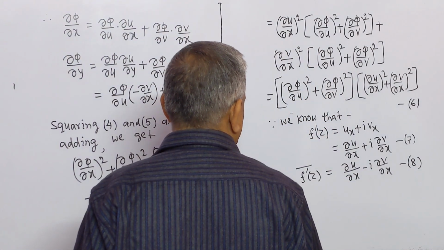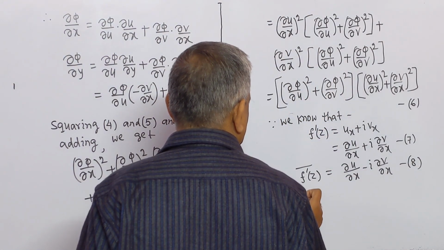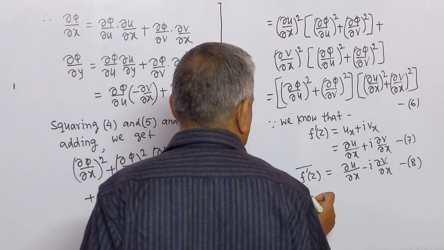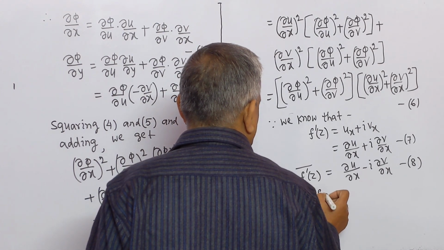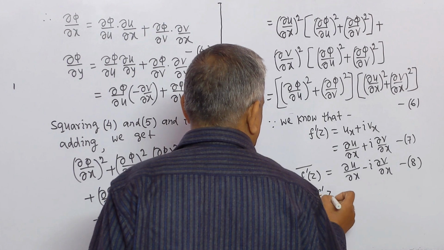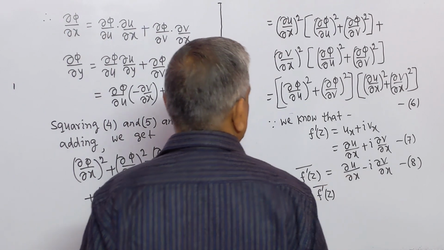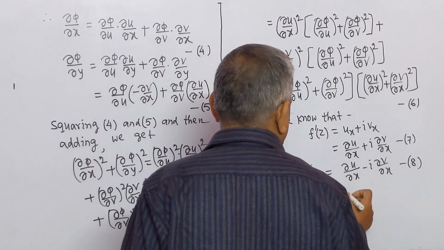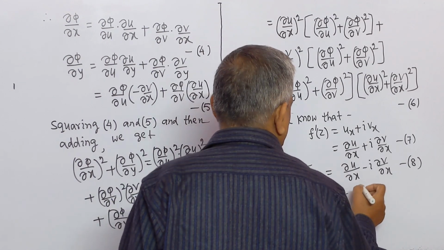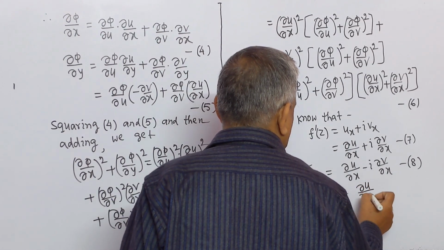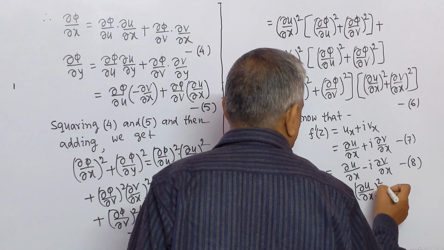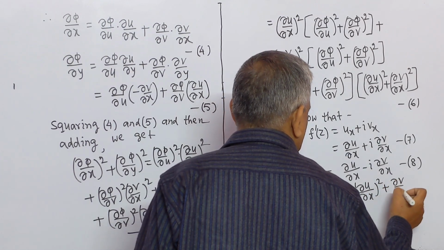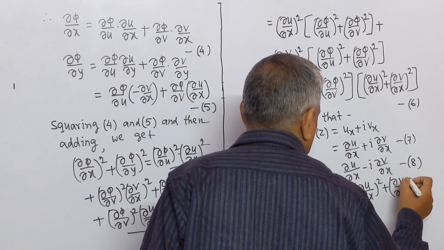Multiplying, f prime z multiply f prime z conjugate equal to here del u by del x whole square plus del v by del x whole square.